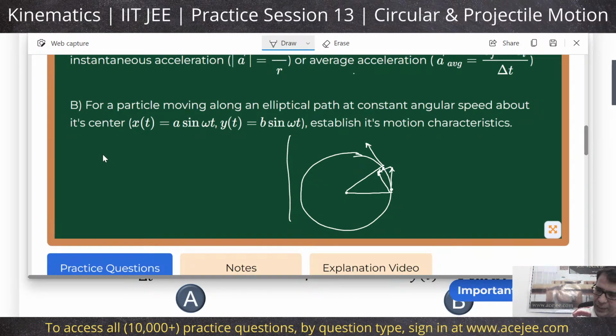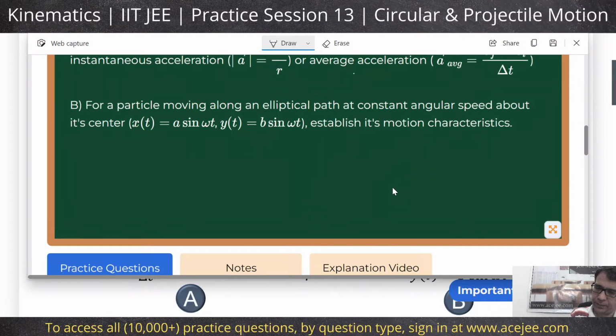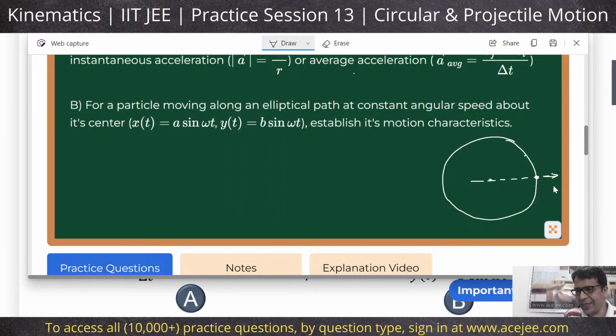So at any given time t, let me make some space. Let's say at time t equals 0, the particle was somewhere along what I define as my x-axis.